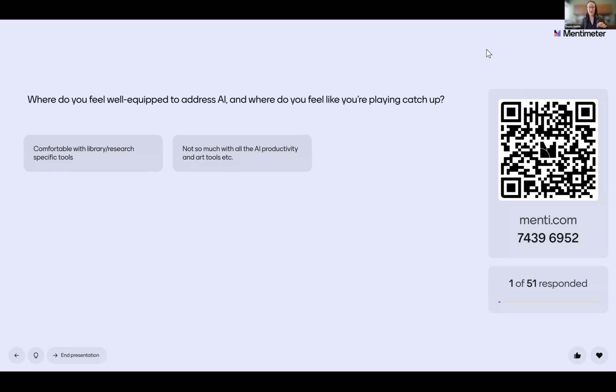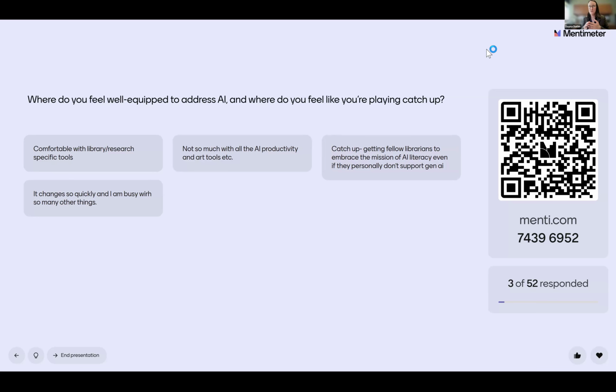So for example, if I downloaded a scholarly article and put it in my own personal Gemini account and was chatting with that PDF, that's a violation of copyright law, right? But they're probably doing this without us knowing, and we can't control once people download that PDF what they necessarily do with it. We can give them the regulations around it and what we advise them to do and not do, but we can't control them.